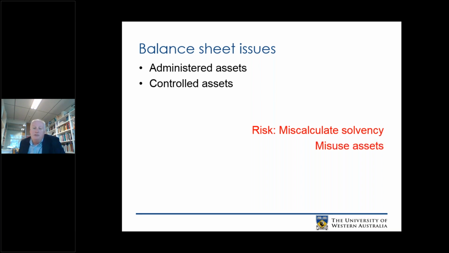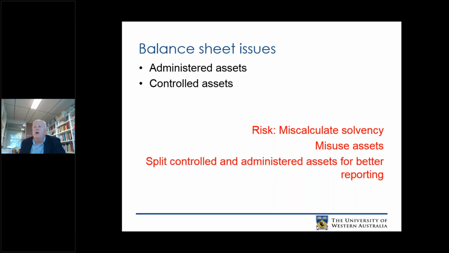You might also misuse assets if you don't understand that those assets are administered. So again, if the philanthropist says you can only use a motor vehicle for a particular thing and you apply that motor vehicle to other activities, then effectively you're misusing that asset and potentially breaking contractual arrangements that might be put in place.